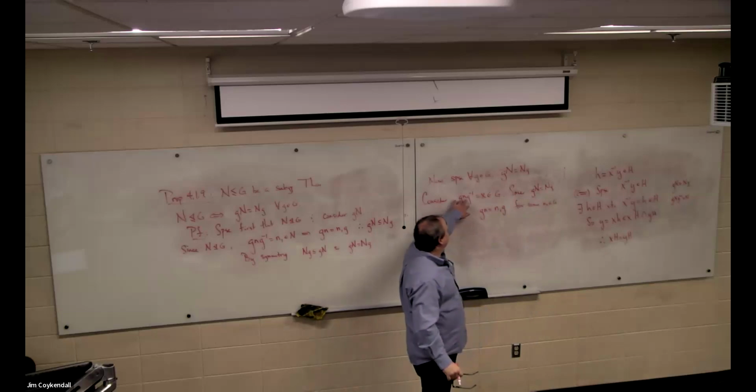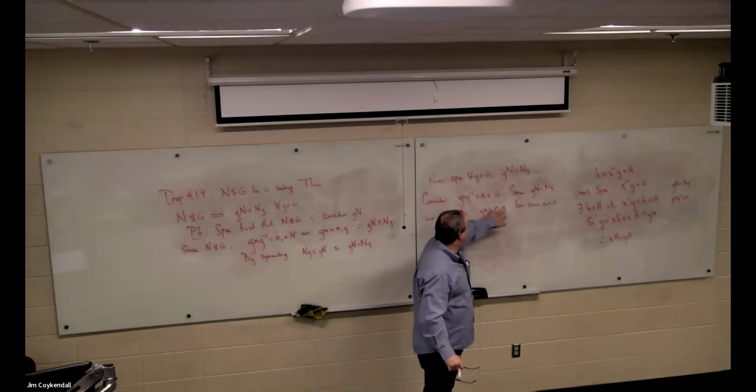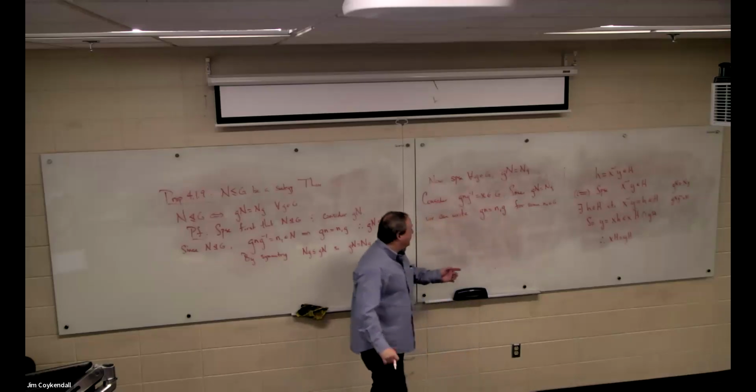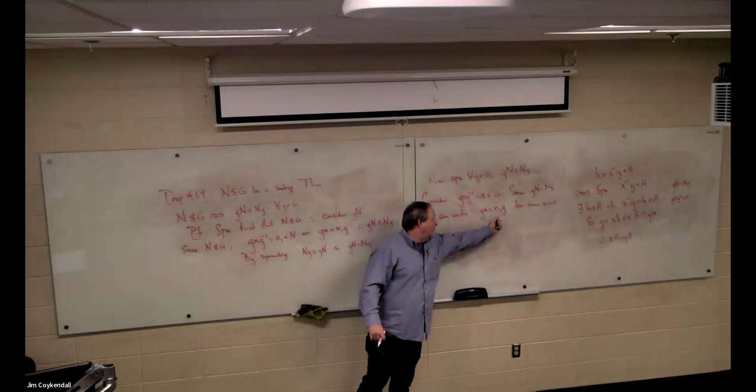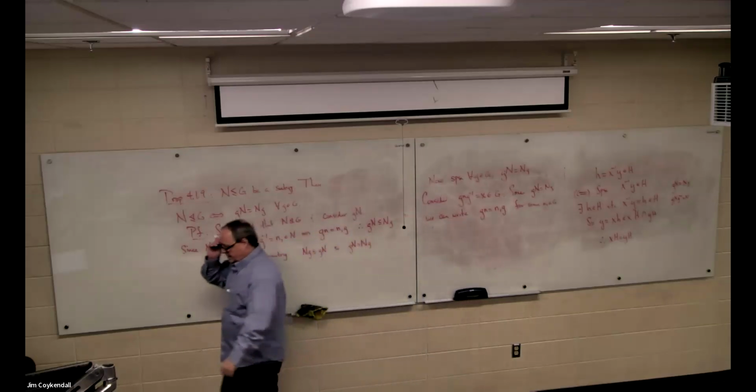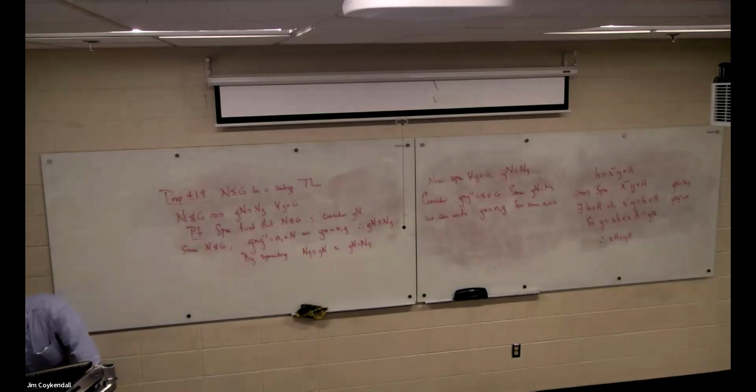Because this element is in the left coset gN, it also has to be in the right coset. So this is in the left coset gN, so it's also in the right coset Ng. So I can rewrite that way.